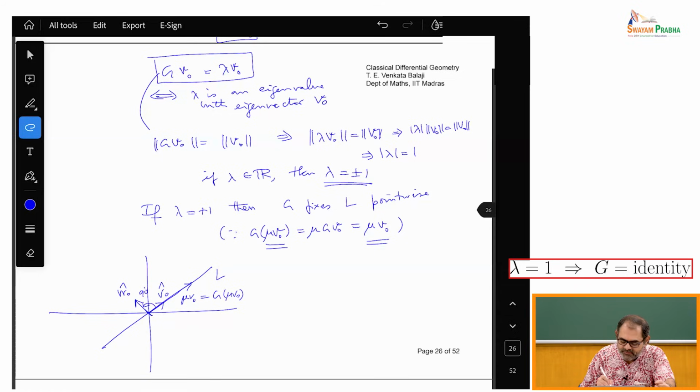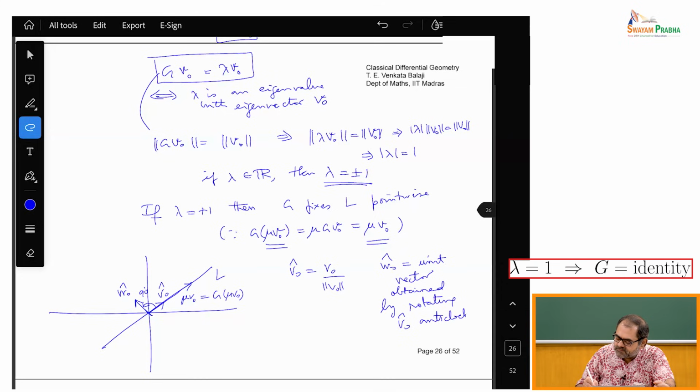V naught cap is equal to V naught by norm V naught, and W naught cap is equal to a unit vector obtained by rotating V naught cap anticlockwise by 90 degrees.